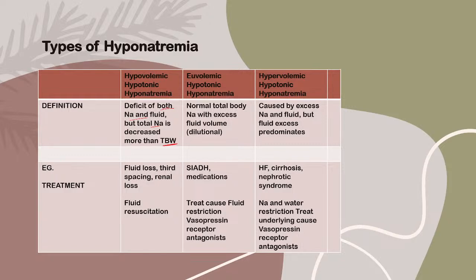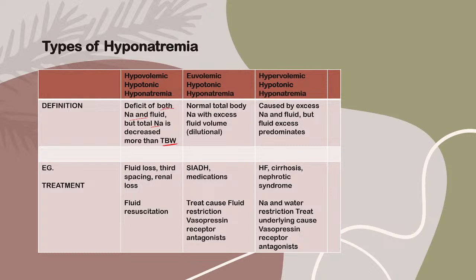Got it? Normal total body sodium with excess fluid volume. Like in hypovolemic hypotonic, there was decreased total sodium. But in this, total body sodium is all right, but there would be excess fluid volume. So, there would be dilutional hyponatremia.